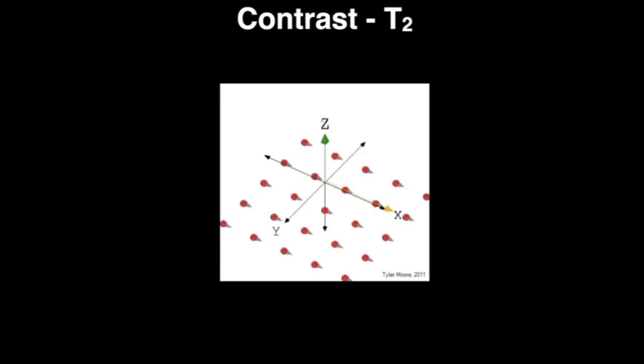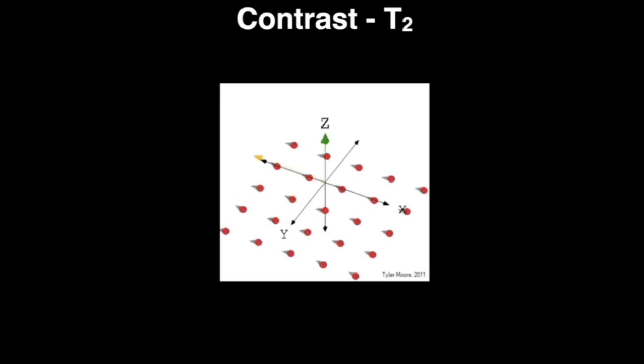But in aggregate, we can see it. And in aggregate, everybody kind of has to be aligned for us to detect them, for the aggregate to be bigger. It turns out that as things evolve over time and everything is in a little bit different environment, they tend to fall out of step with each other. And then the coherence dies away, and then the signal you're detecting decays away. So that's what we refer to as T2 decay.